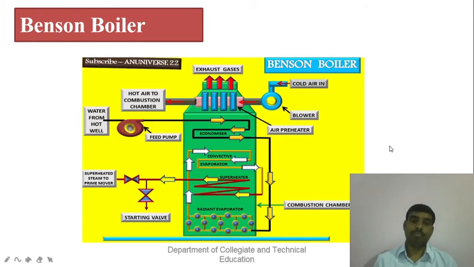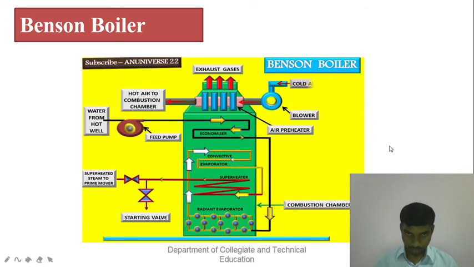As the feed pump starts to rotate, water flows through the economizer, and it gets heated with the help of the heat from the flue gases, and then it is supplied to the radiant evaporator, then the convective evaporator, and then the superheater, and from there the superheated steam is supplied to the prime mover.